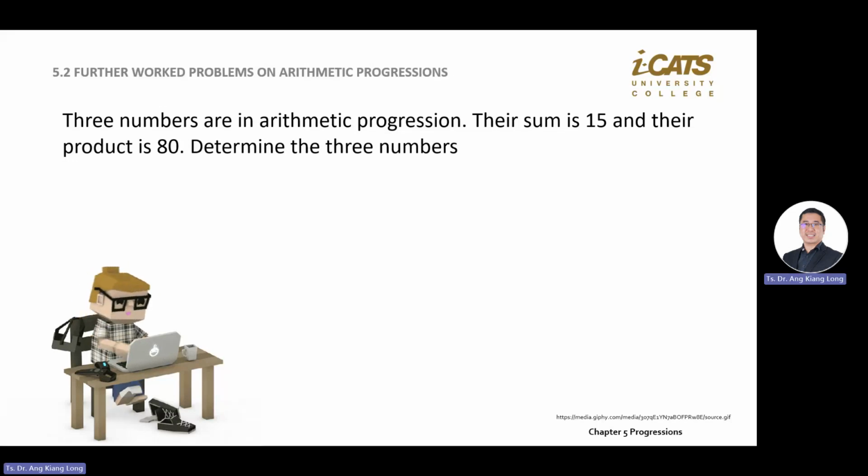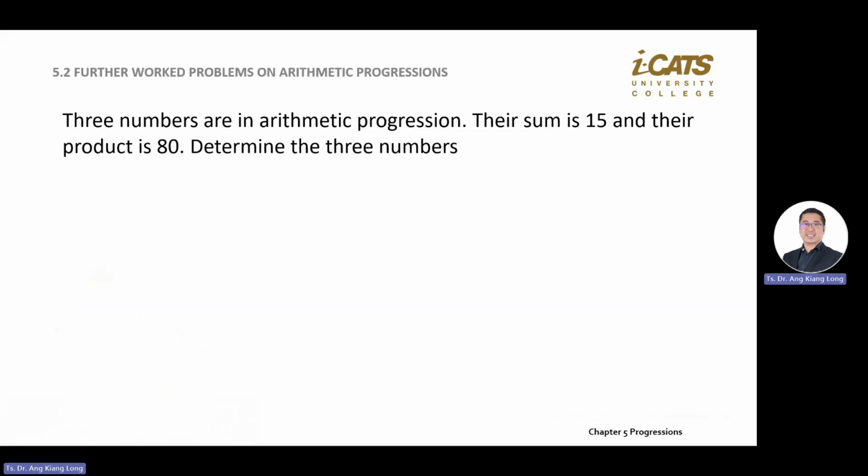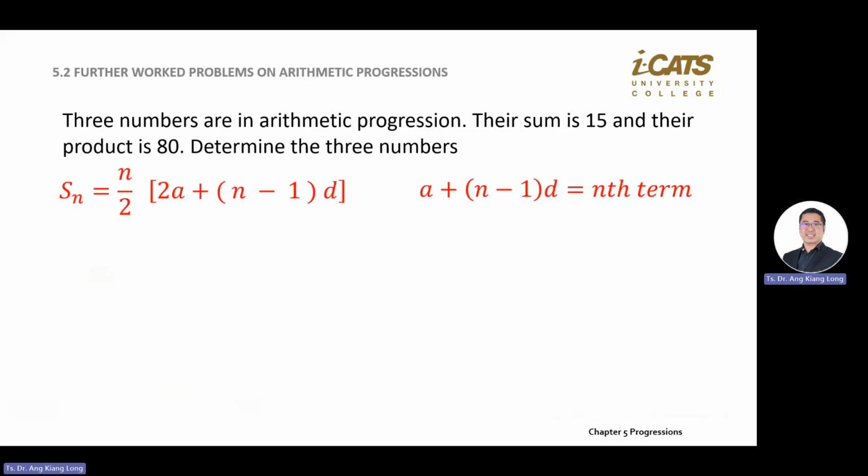So this one asks you to identify data in the series. You need to pick three numbers within the series whose product is 80. So here the step is you call out the general equation, which is Sn equal to something, and the nth term, because you need to find what the three numbers are.